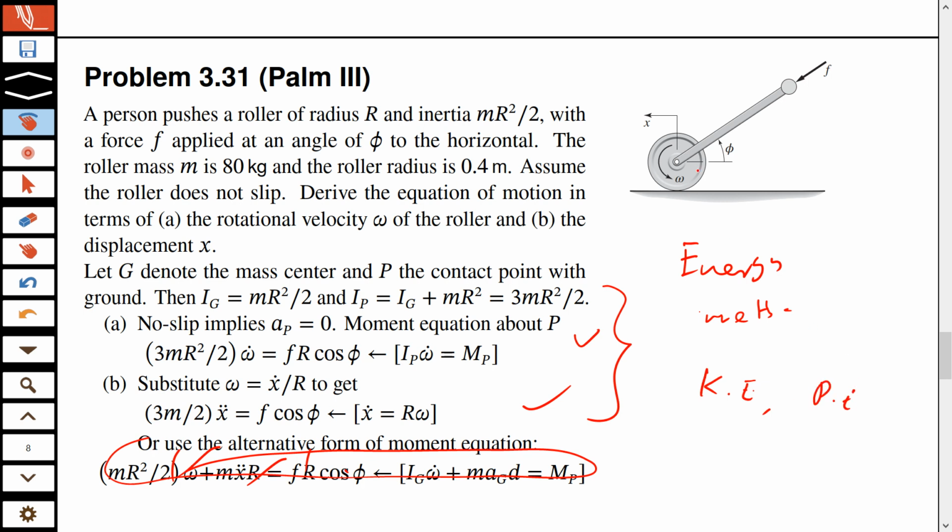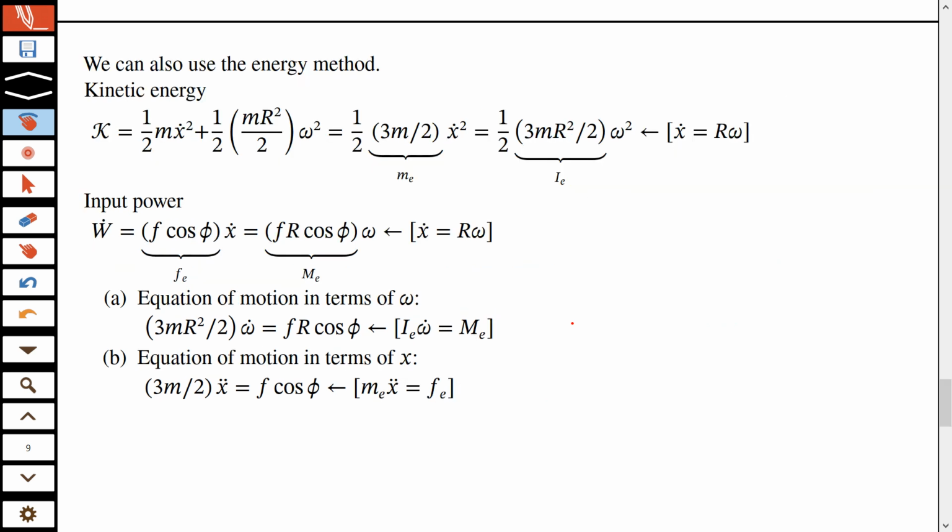In this case, we don't need potential energy because there is no motion, there is no spring, there is no motion upward or downward. So we can simply go with a simpler version of kinetic energy, and that is you write the expression for the kinetic energy, translational kinetic energy, rotational kinetic energy, और ये IG है आपका. ठीक है?